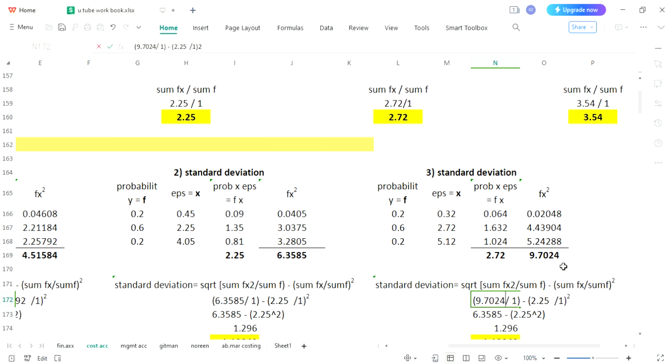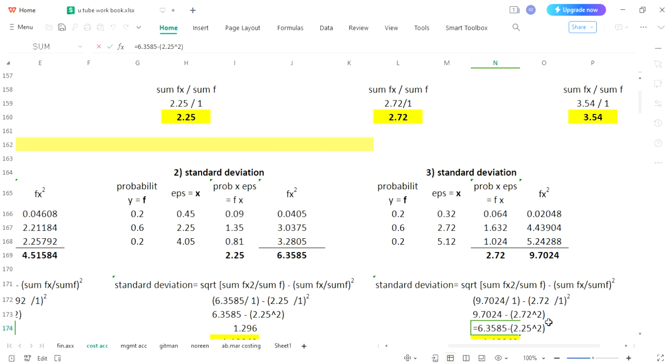Sum of fx square is 9.7024 divided by 1, and sum of fx is mentioned over here, and that is 2.72 divided by 1 and then taking square. When you divide 9.7024 over 1, you will get 9.7024, and when you divide 2.72 over 1, you will get 2.72, and then you will take the square.